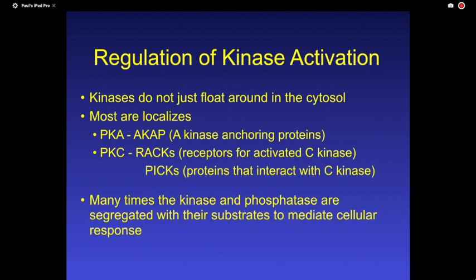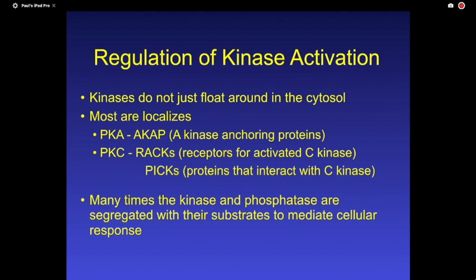Now, we talked about protein kinases being activated. Protein kinase A goes and finds its target, and protein kinase C goes and finds its target. We also talked about protein kinase G and protein kinase B and lots of protein kinases. The animations even showed them floating around and finding their targets.